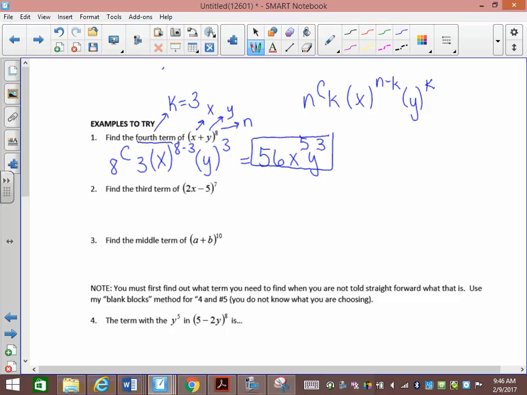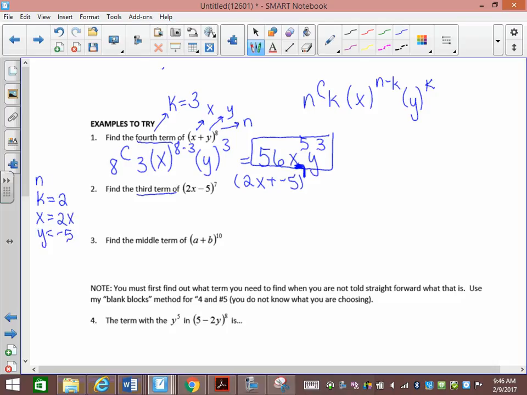Find the third term. What's k equal? 2. So we have k equals 2. What's my x equal to? Remember, it has to be x plus y to the n. So it's x plus negative 5 to the 7. So x is 2x. Y is negative 5.